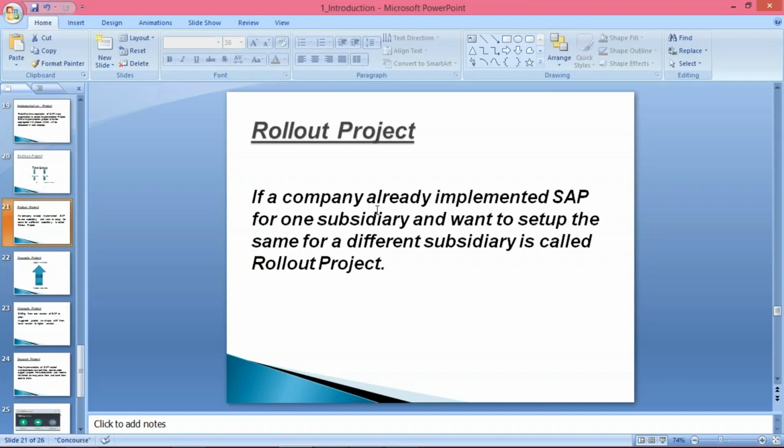That is called a rollout project. Same thing: if a company already implemented SAP in one subsidiary and wants to set up the same for a different subsidiary, it means a rollout project.